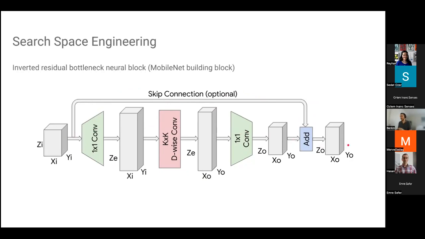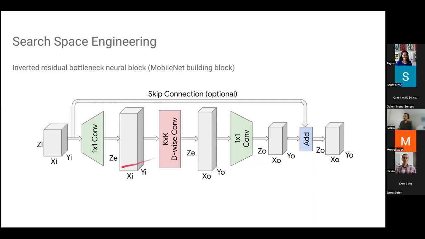Right? This is the main block that MobileNet used. The key idea behind this is that if you were to do the full convolution, meaning this K by K full regular convolution in this expanded Z, it would have a huge amount of parameters and a lot of compute.